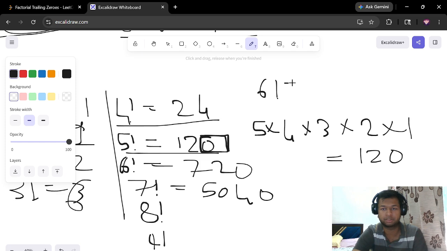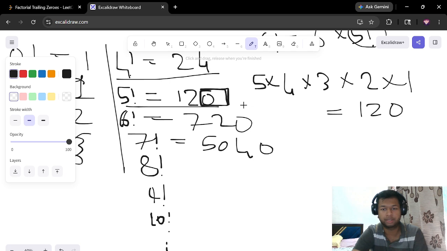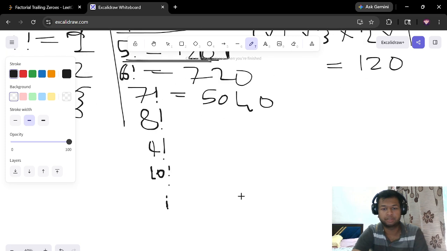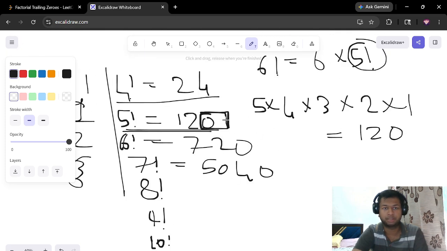Like 6 factorial is 6 times 5 factorial, and 5 factorial is 120, so 120 times 6 is 720. So at least one 0 will come starting from 5 and continue till infinity, at the very last.